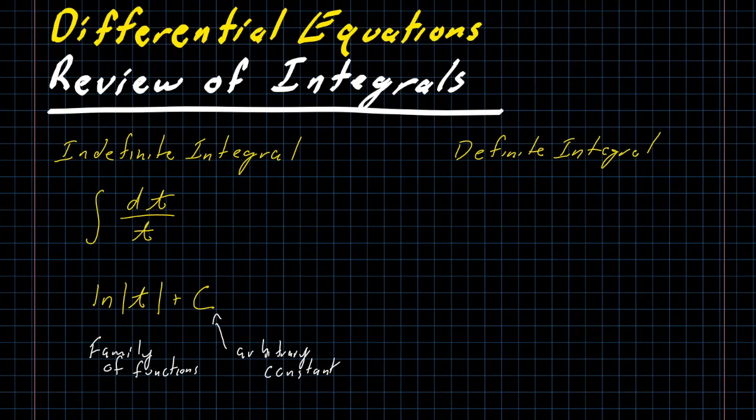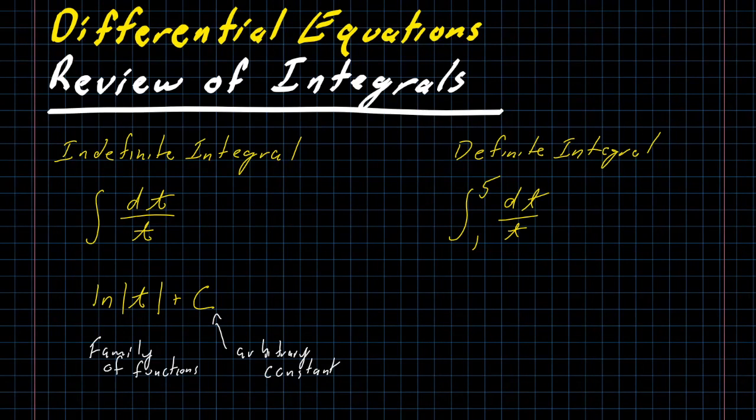Compare that to a definite integral. Say the integral from 1 to 5 of dt over t. Well, the setup here starts out much the same. We look at dt over t and we ask ourselves, what is an antiderivative?